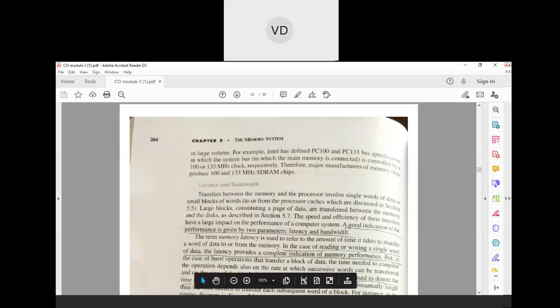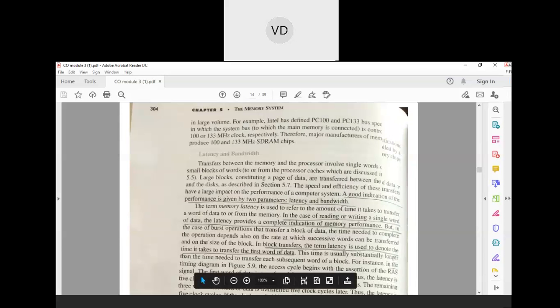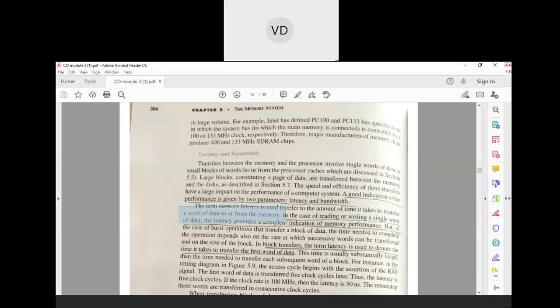So when you are transferring a word of data, in case of reading or writing a single word of data, latency provides the indication of performance. What does it mean? It means what is the delay in transferring successive words of data, the amount of time it takes to transfer one word of data to and from the memory.